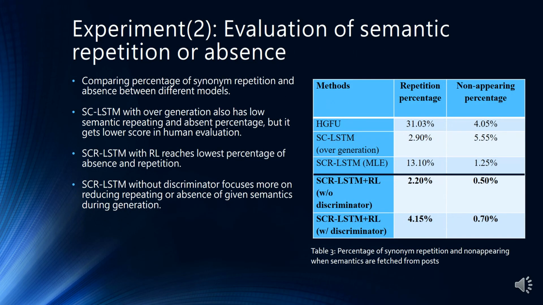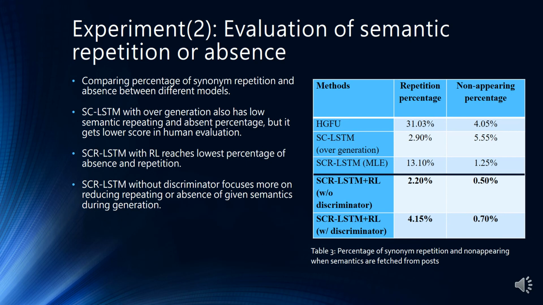We also evaluate how our model helps reduce semantic repetition and absence. It turns out that our proposed model with reinforcement learning reaches the lowest semantic repetition and absence rate. We can also notice that SC-LSTM with overgeneration has low semantic repeating and absence percentage, but it gets a lower score in human evaluation.